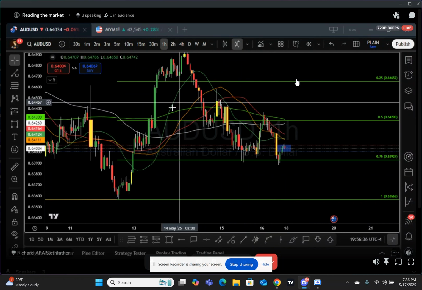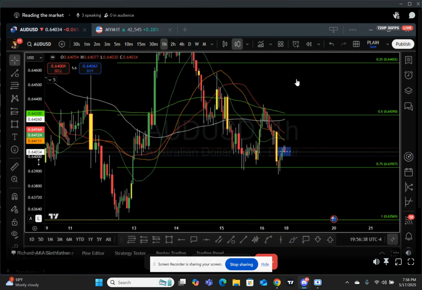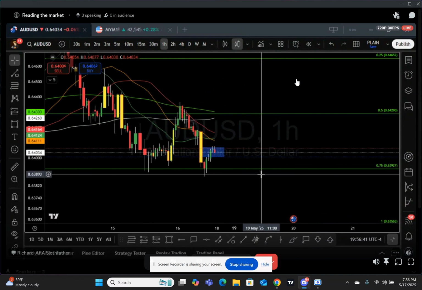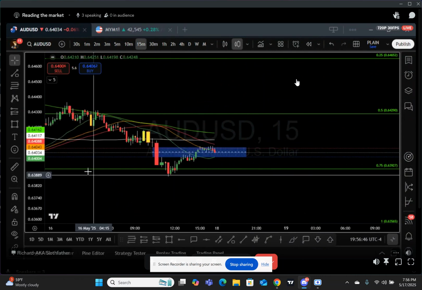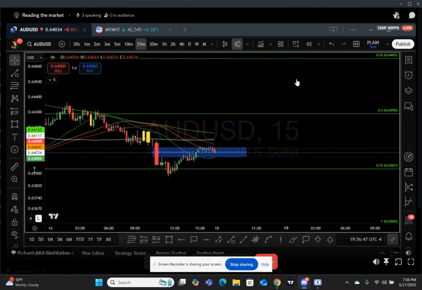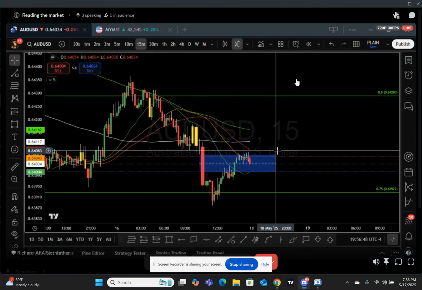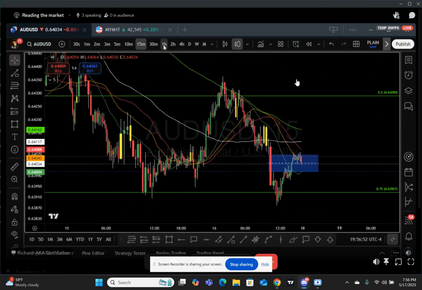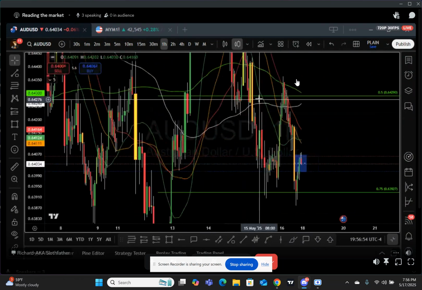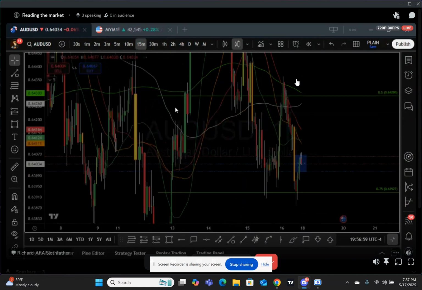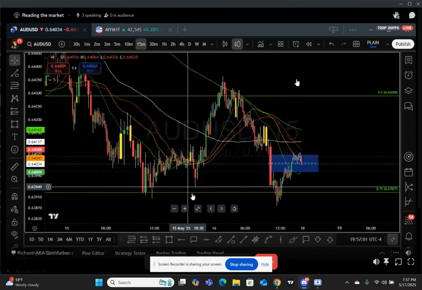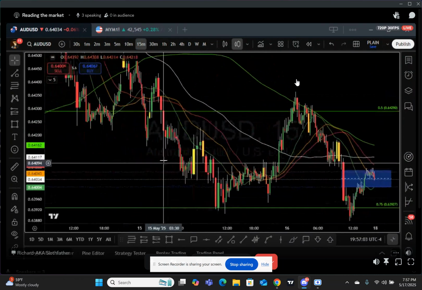I will mention before I go to the lower time frame, actually, no, it is on the lower time frame that I did it. So now we'll move down to the 15-minute real quick and see what's going on in that 1 hour candle. This was the 15th at 3 a.m. So let's just go back to that for a moment and see what we got.